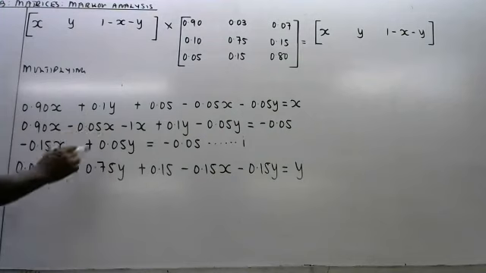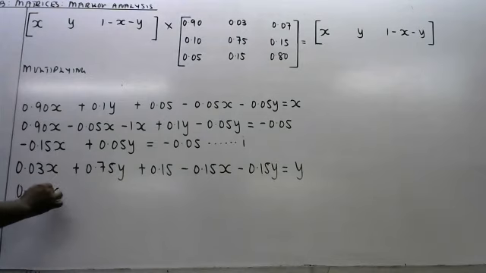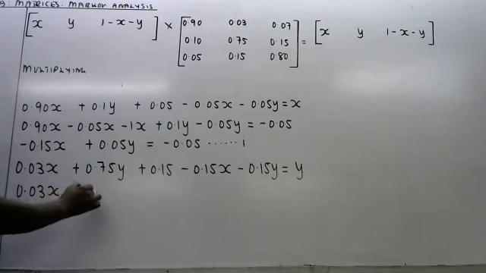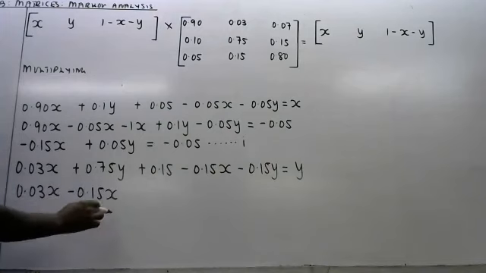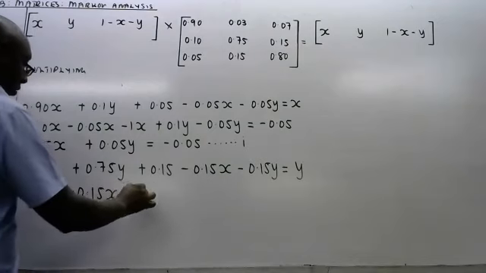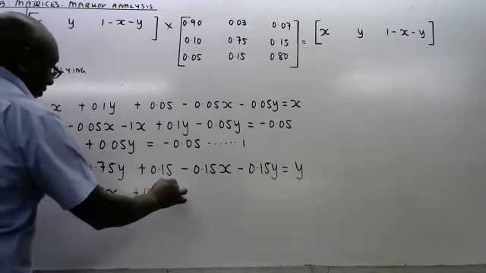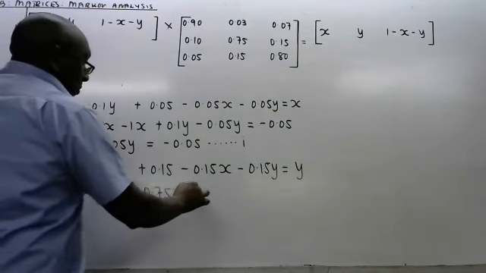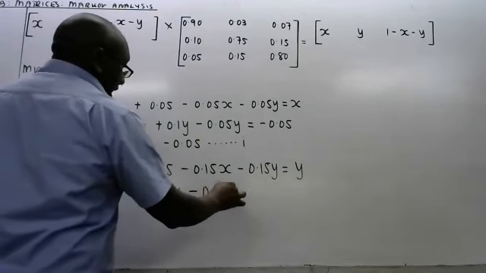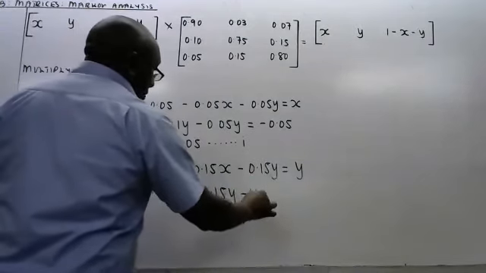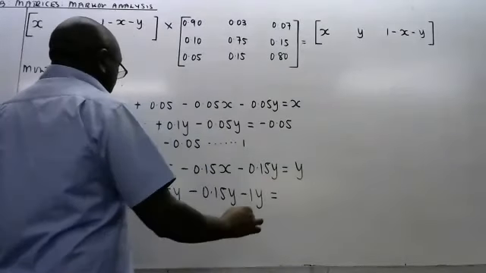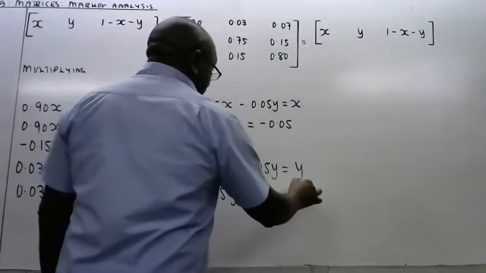So doing just like what we have done with the other one, we will then say 0.03x minus 0.15x plus 0.75y minus 0.15y minus 1y is equal to minus 0.15.